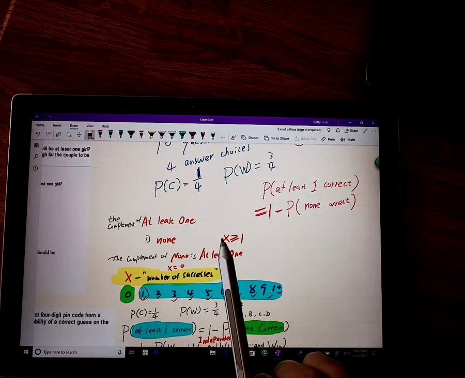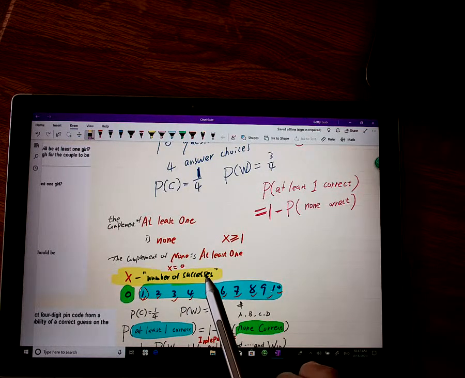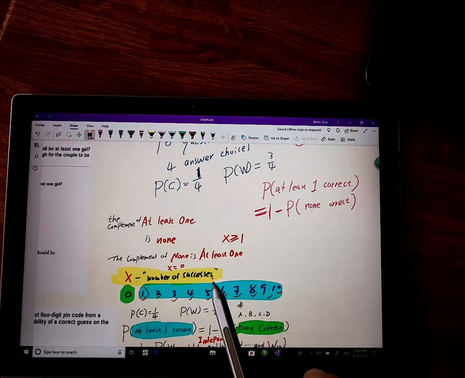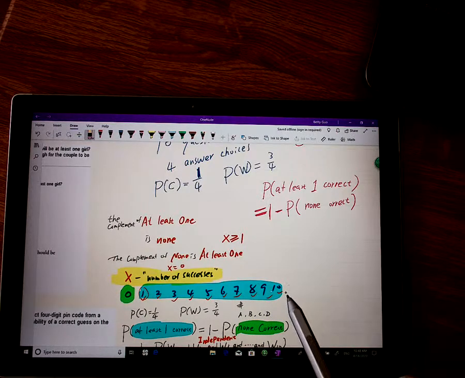The 10th question, that's the 10th trial, right? And X is the number of questions you get correctly by guessing. So all the possible values for X would be either 0, it is possible you didn't get any of them correctly, or 1, or 2, or 3, 4, 5, 6, 7, 8, 9, or 10. No more than that. You only have 10 questions.